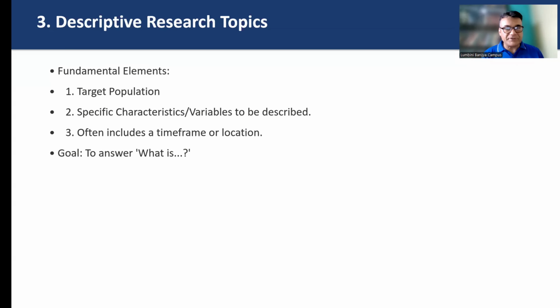In a descriptive research topic, the population should be clear. The specific, unique characteristics or variables to be described should be mentioned. And sometimes the time frame, from the beginning of April to the end of December of 2025 or something else, or the location. The goal of this research topic is to answer only what is. Let's have one example here.